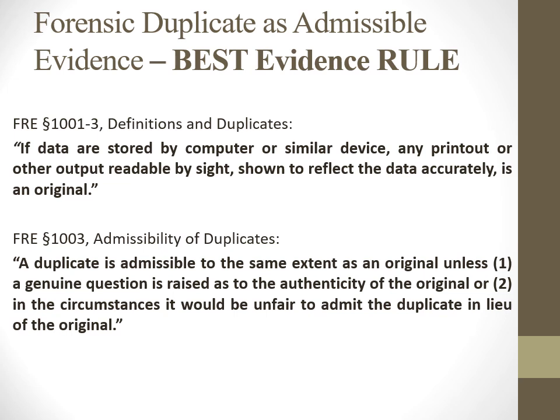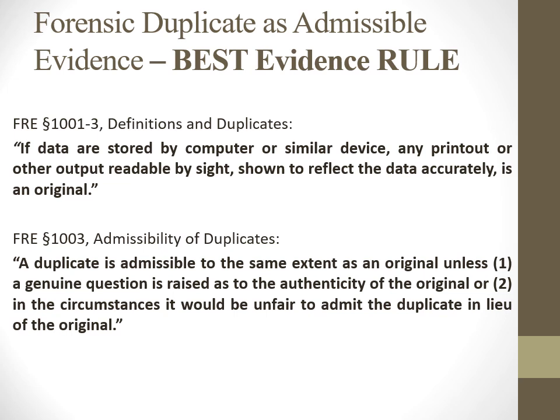We're basically saying a forensic duplicate can be made admissible evidence in the event that we follow the best evidence rule. And we said, if data are stored by a computer or a similar device, any printout or other output readable by sight shown to reflect the data accurately is an original.